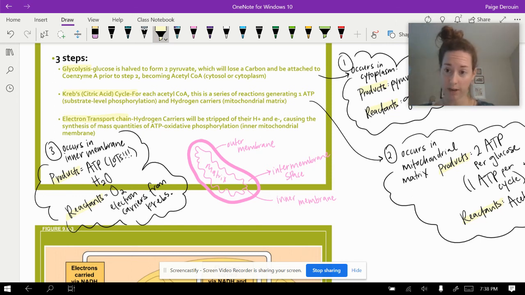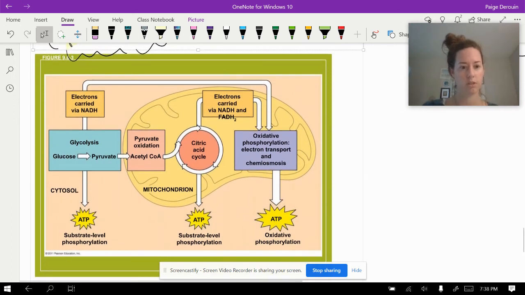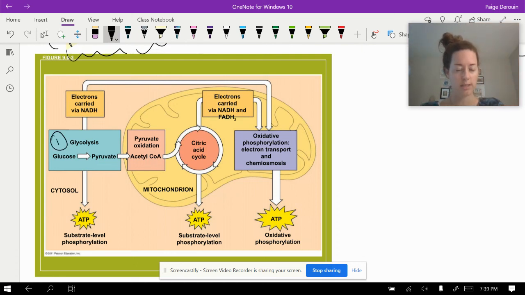So let me scroll down and show you this in pictures. For those of you who are very visual, I prefer to see it in pictures. So here we go. We're starting with glycolysis over here in the cytoplasm. Cytosol is just another word for cytoplasm. Then here's step 1.5, which is the pyruvate being converted into acetyl-CoA.